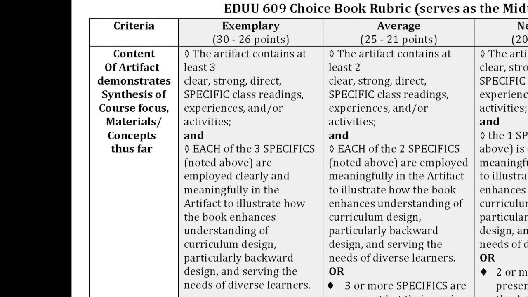So not 3 of each one of those, 3 things, 3 specifics. Somehow in your presentation, in your media artifact, in your sales pitch, you meaningfully use 3 specific things from our course to demonstrate synthesis.